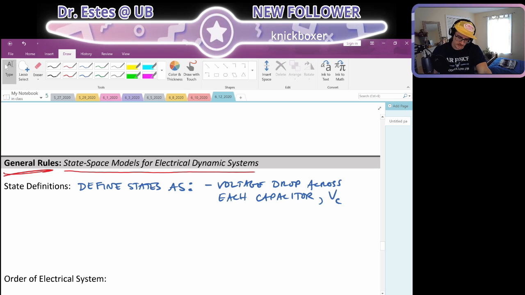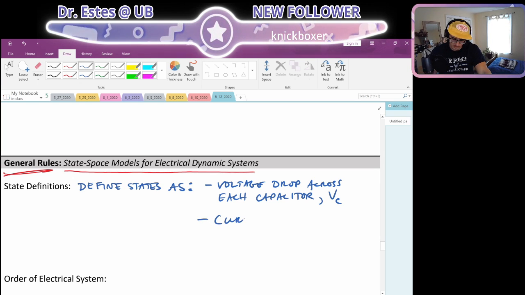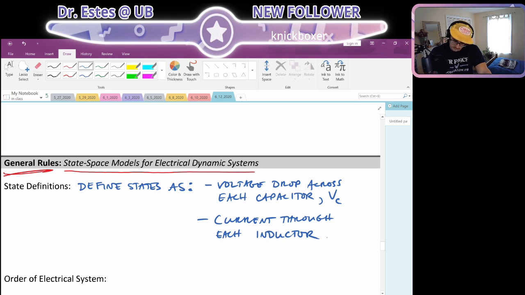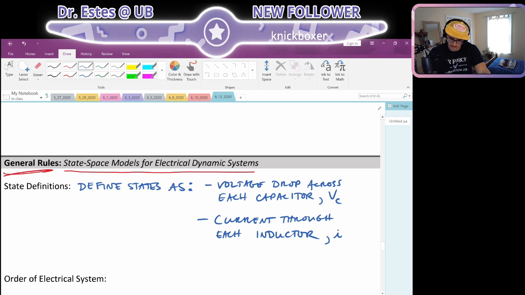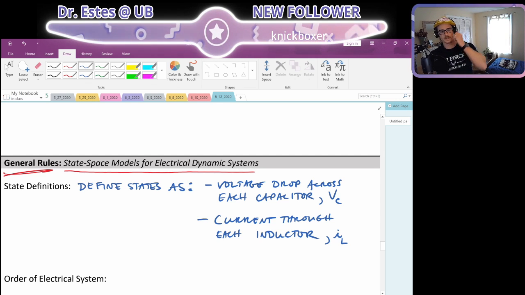And you also define a state for the current through each inductor. Maybe I'll call it I sub L just to be clear. It's the current going through an inductor.